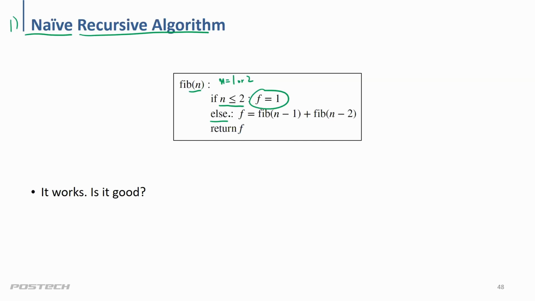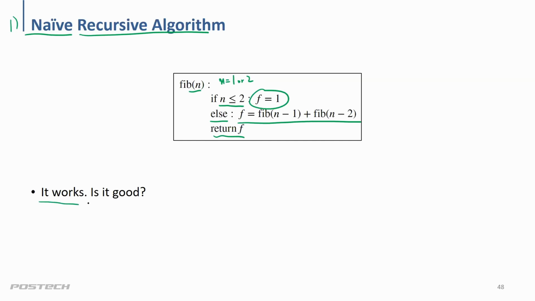And if n is greater than 2, we actually have to compute it, and we return the value of f. Does it make sense? Yes.